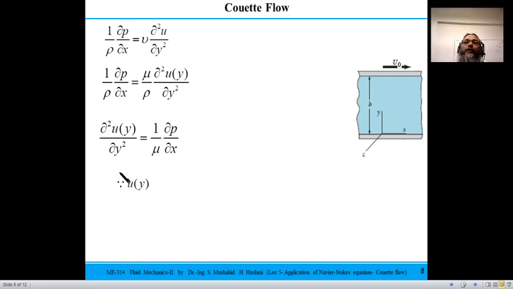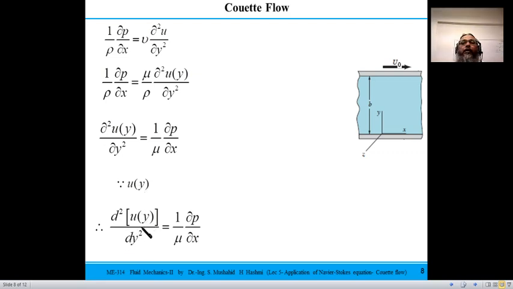As we already know, the velocity component in x would be some function of y. So velocity is a function of y, so velocity is changing as you move in the y direction. If you integrate this, since velocity is only a function of y and not a function of x, this second order partial derivative becomes an ordinary derivative, because only one independent variable, that is y, is here.